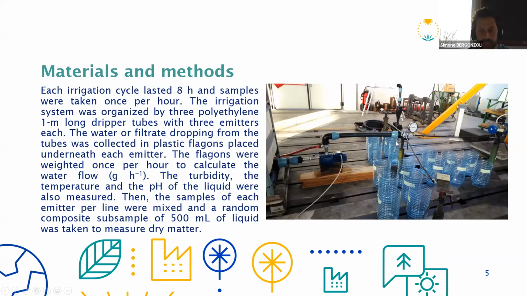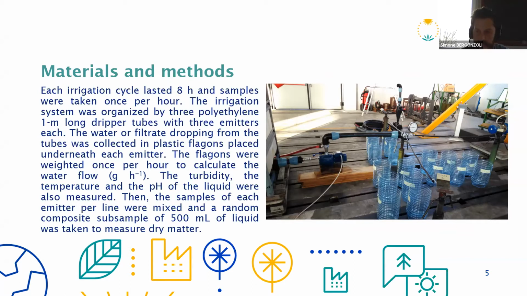Each irrigation cycle lasted 8 hours, and we took a sample every hour. All the systems were managed using Arduino software and hardware, a low-cost system to have sensors and to automate your experimental design.